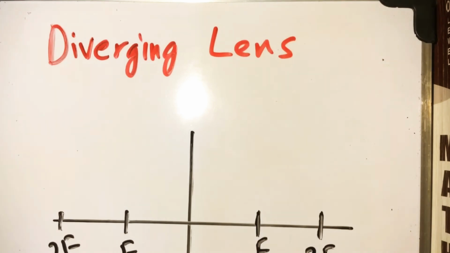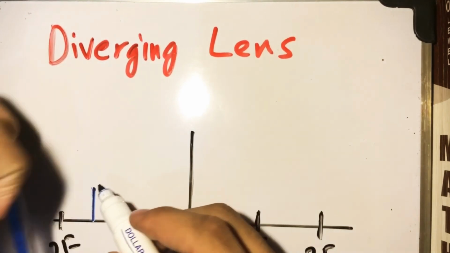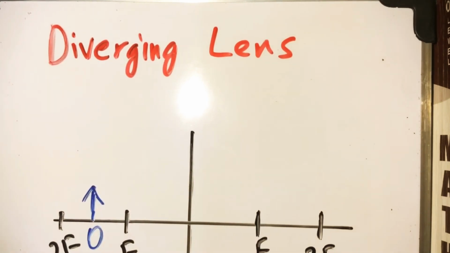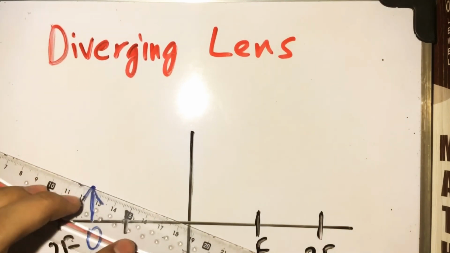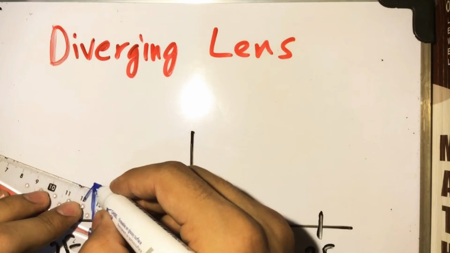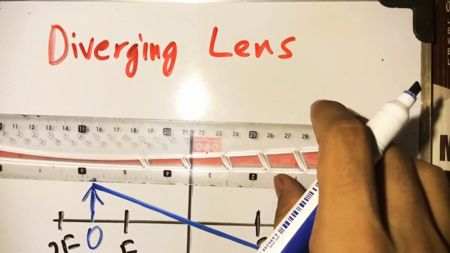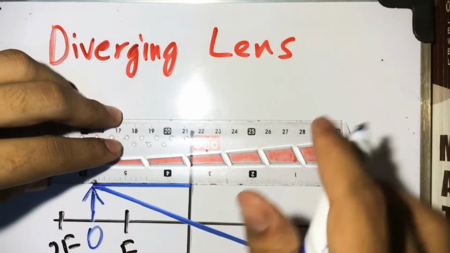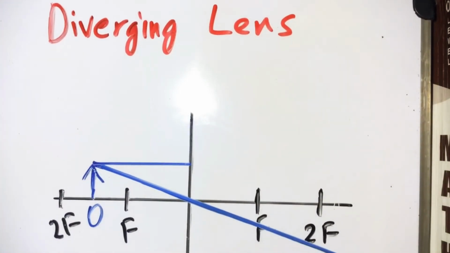Now for example, if the object is over here, the first ray will pass through the optical center. The second ray will first travel parallel to the focal length, and from here it has to diverge in such a way that it seems that it is diverging from this point.